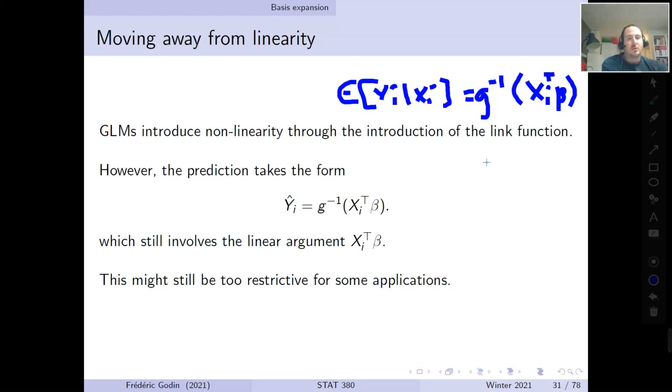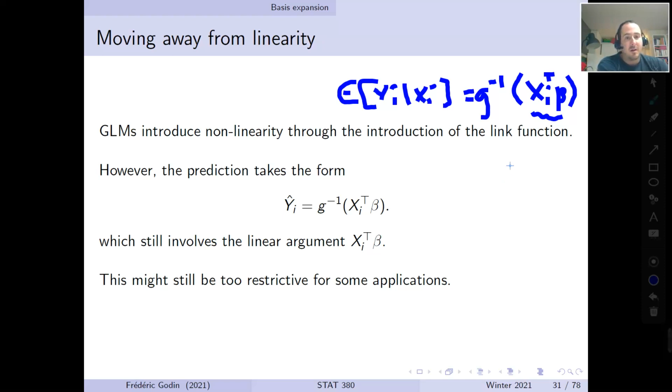Okay, so you introduce nonlinearity, but in these models, you nevertheless rely on linear combinations of predictors to perform predictions. Although the linear combination is transformed by the link function, you nevertheless use a linear combination of features or predictive variables. And for some applications, that might still be too restrictive. Sometimes the effect of predictors on the response is not characterized by a linear combination of predictors, but you might have, for example, interaction terms.